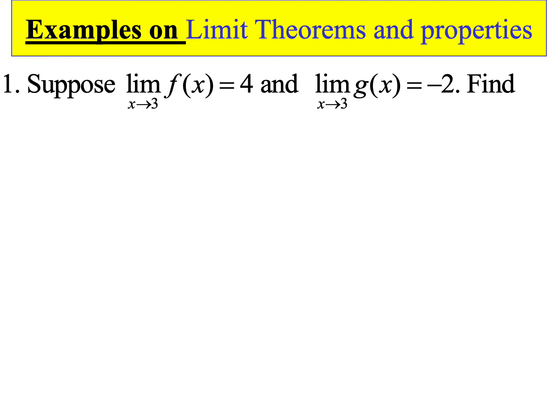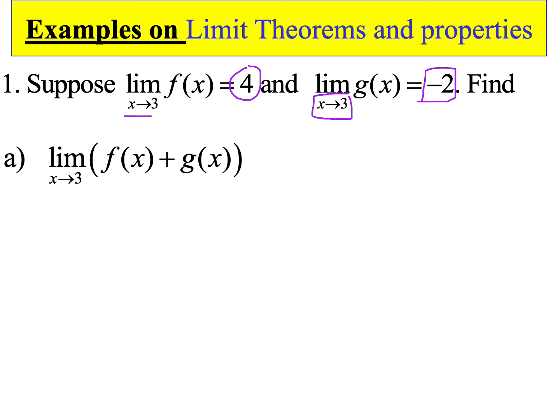So here, the limit when x approaches 3 of the function f of x exists and equals 4. And the limit for another function g, when x approaches the same value, is -2.